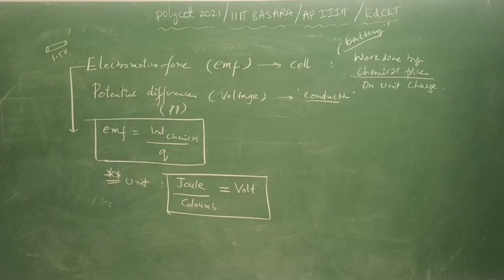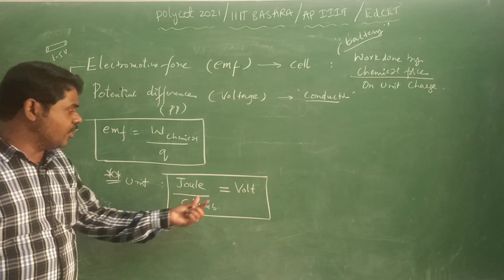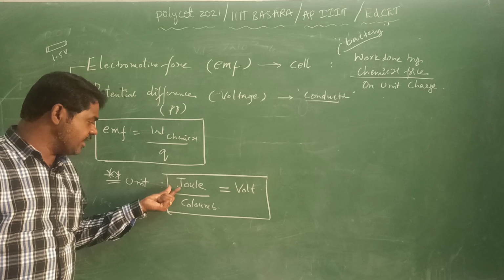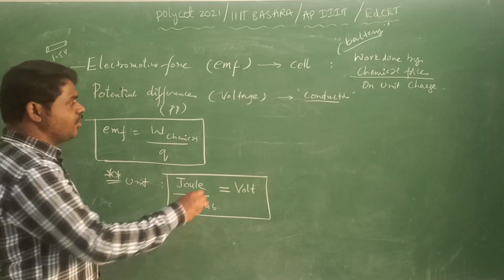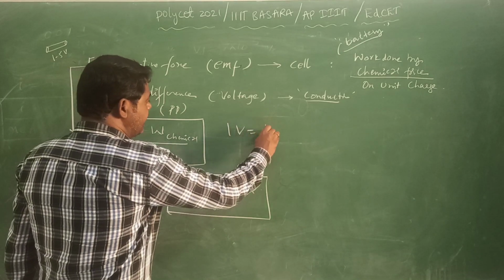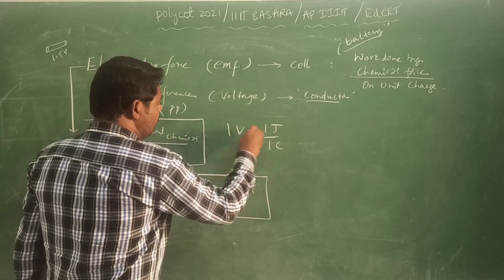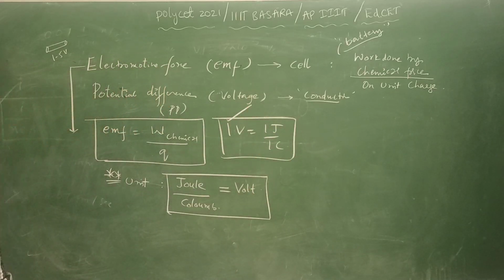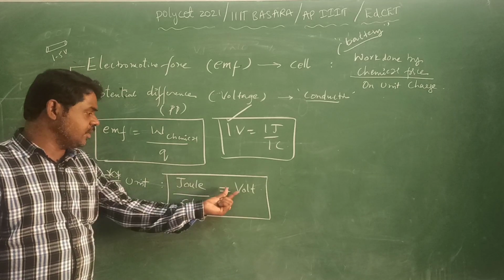So volt is the unit for EMF, and 1 volt is equal to 1 joule by 1 coulomb. So this is an important expected question in terms of a bit. Joule by coulomb is equal to volt.